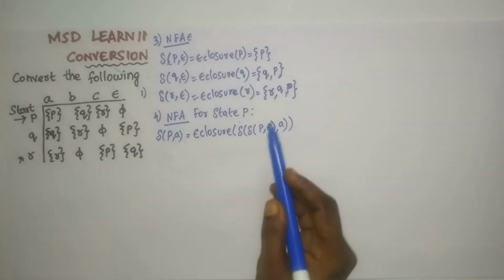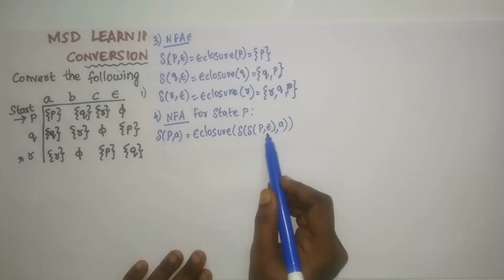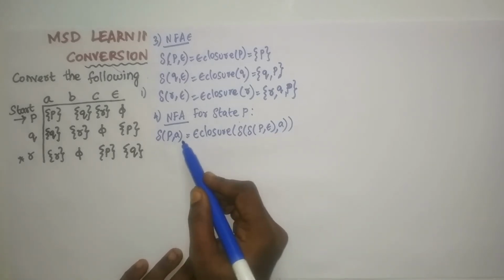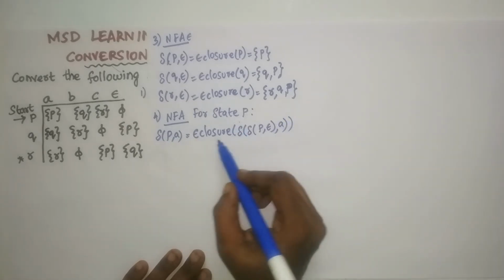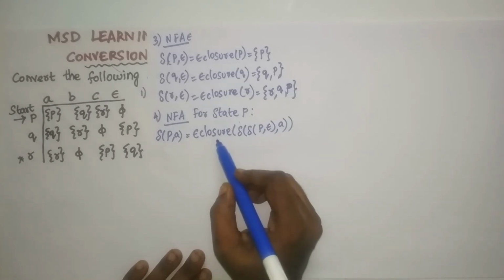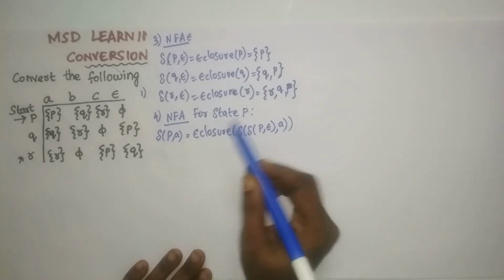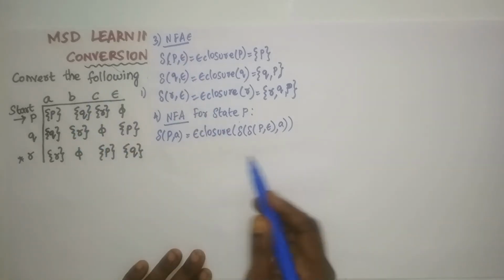We have seen this type of splitting while we were doing input acceptance. Similarly, now we need to split this A as epsilon into A. After splitting also, we have to apply the epsilon closure for the whole split of the transitions. Once we apply the epsilon closure, we are eliminating the epsilon property in the given NFA epsilon. Then we will be getting the NFA machine.